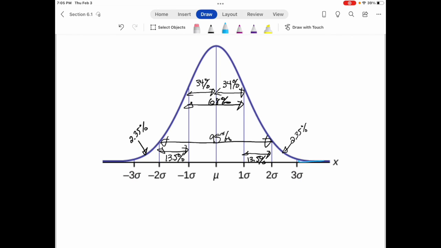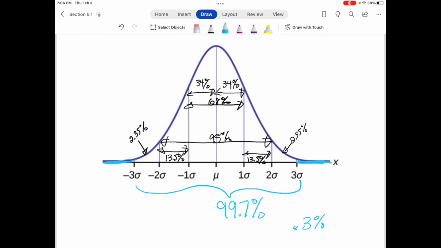Okay, now to take care of these last little pieces here, these wings, I know that from here to here is 99.7% of the data. I know that under the entire curve is 100% of the data. So what's left in these tiny little pieces, these little wings off to the right and to the left, I know is 0.3% in total for both of them.